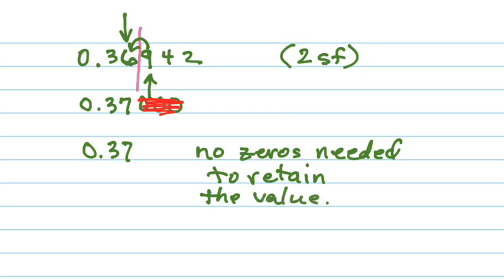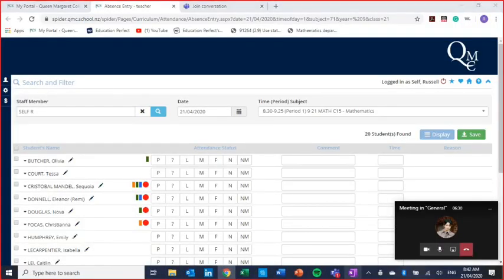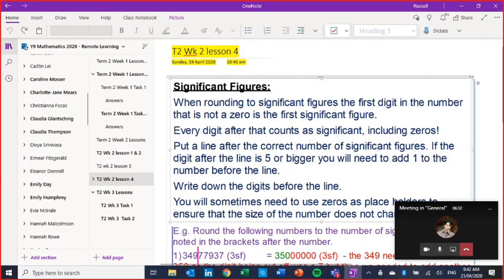Okay, so we're just going to go to the notes so that you can see what your notes look like on OneNote, so you can see some other examples. Okay, so let's just open that up. So, when rounding to significant figures, the first digit of the number that is not a 0 is the significant figure.